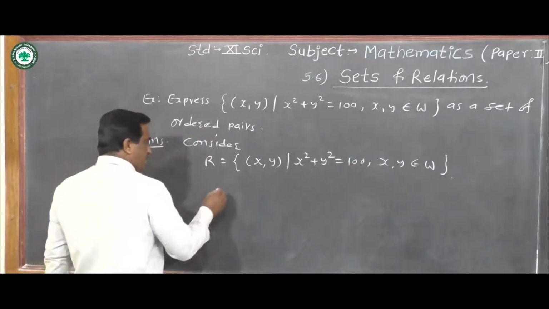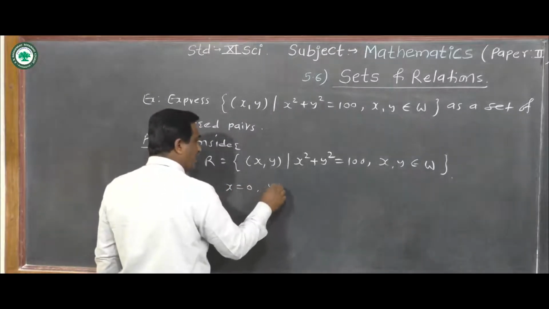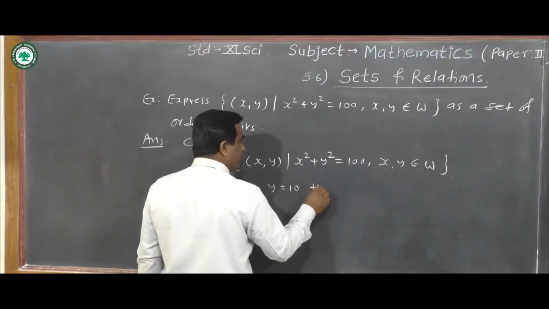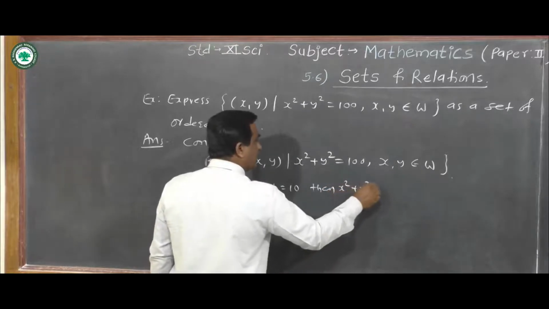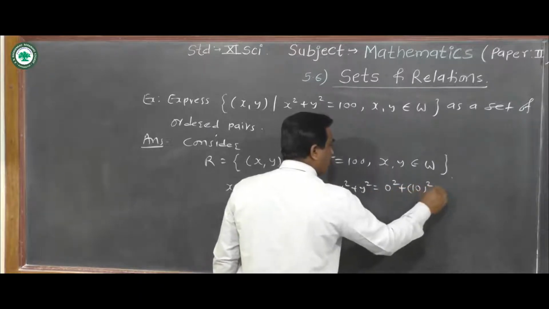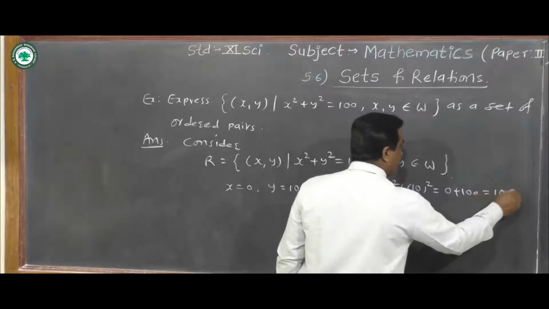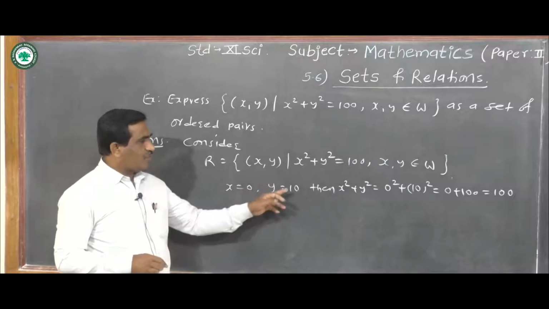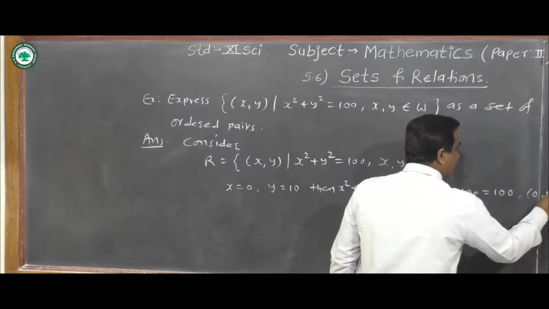Now first we can take value of x is equal to 0 and y is equal to 10. Then we get x square plus y square is equal to 0 square plus 10 square is equal to 0 plus 100 is equal to 100. Okay, that is we get first ordered pair (0, 10).